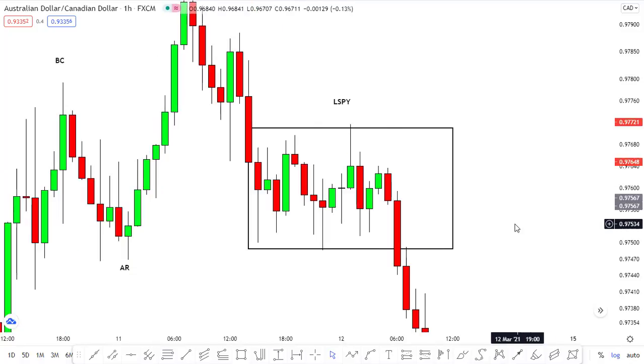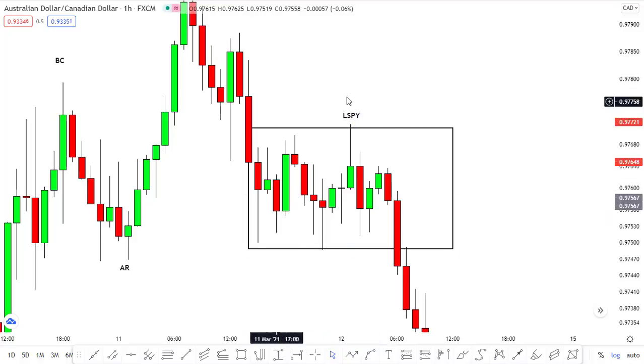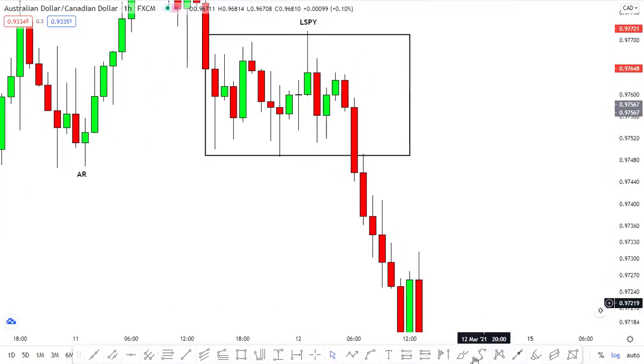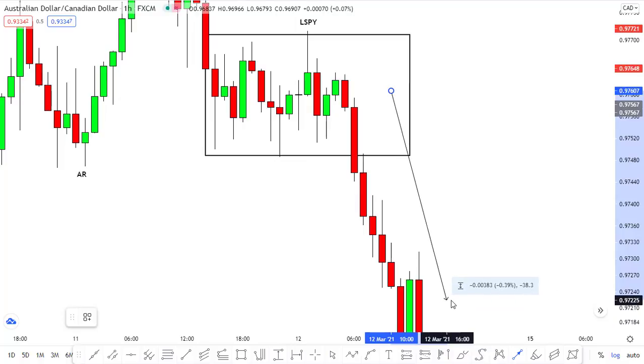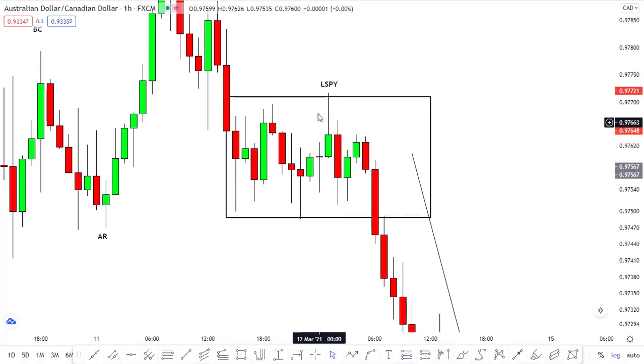As you can find out from its name, there is a point of supply inside this move, and that point of supply led to this monster move in the market. So we try to find the exact last point of supply in this chart.